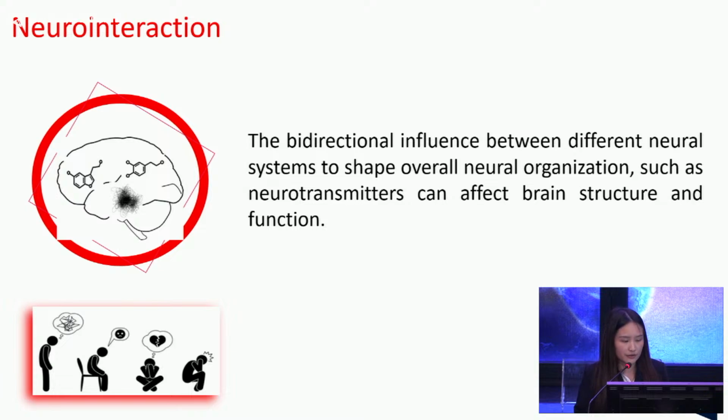Neural interaction refers to the bidirectional influence between different neural systems to shape the overall neural organization, such as the neurotransmitter can influence the brain structure and function. So, in the last chapter, we want to investigate the neural interaction between the neurotransmitter and the brain structure change in the psychosis group.